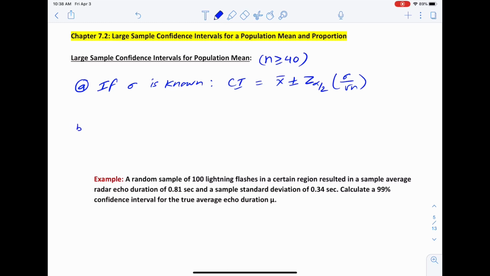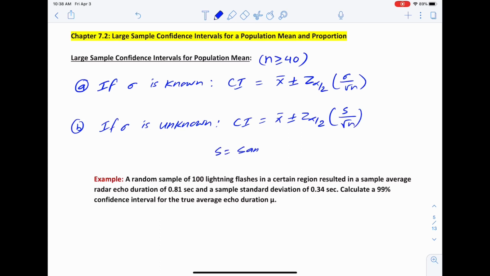Now, if our sigma is unknown, then for finding the confidence interval our formula is pretty similar. Instead of using sigma, we use the sample standard deviation, where S is the sample standard deviation.